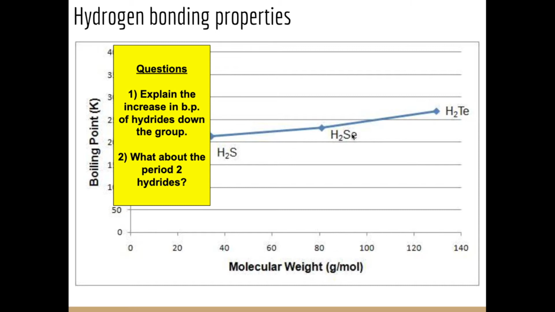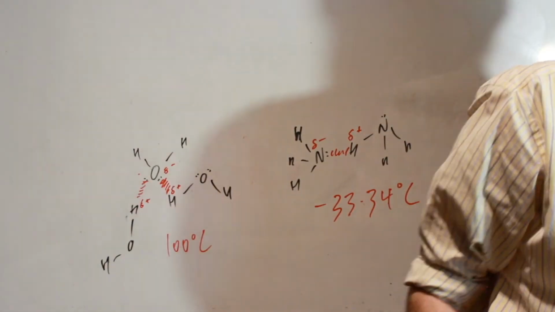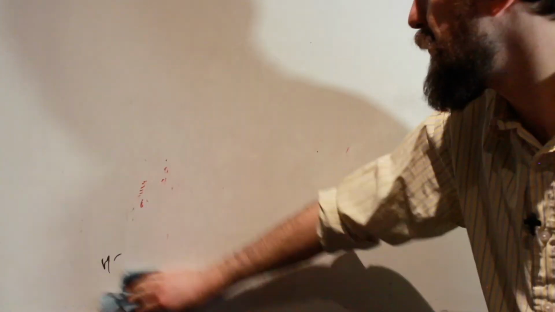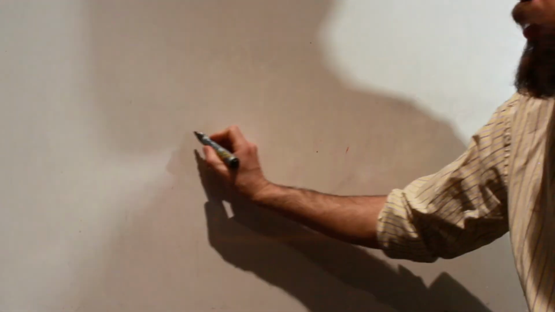So sulfur, beneath that we have selenium, beneath that we have tellurium, something like that. So these are all hydrides that have that kind of V-shaped molecular geometry to them. And we can explain the trends that we see based on what we know now about our three types of intermolecular forces.